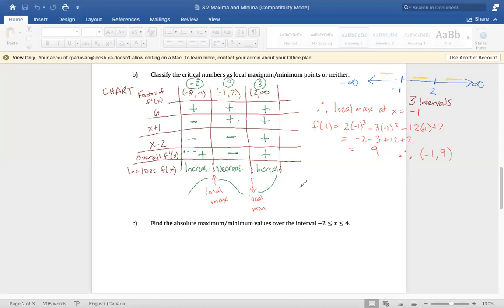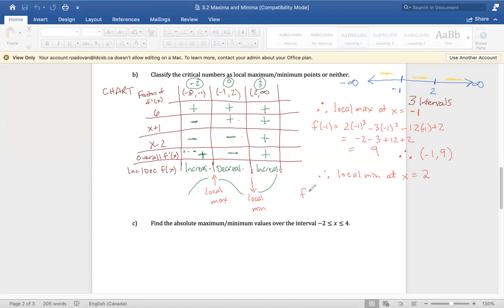And I have a local min at x equals 2, because in between these two, it's hovering around 2. I have the minimum value at x equals 2, but what's the y value there?